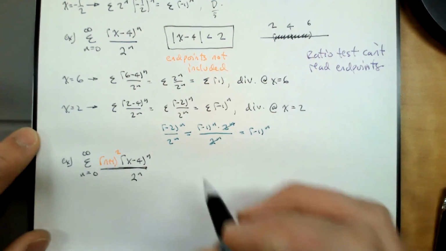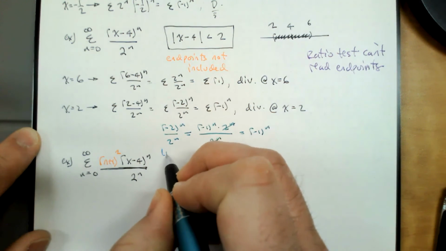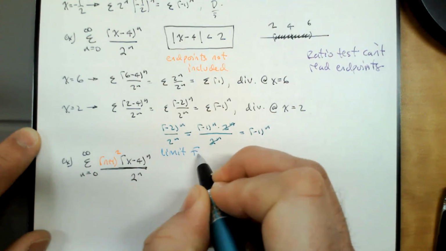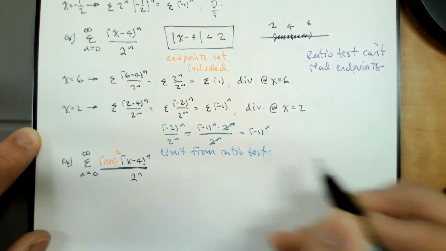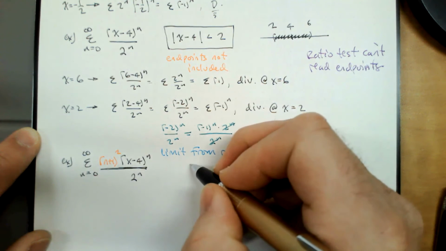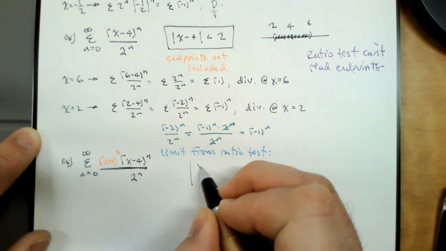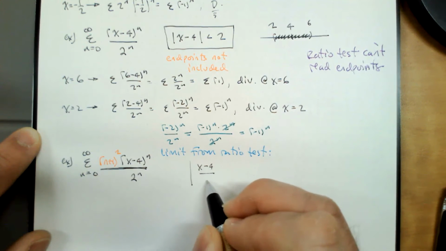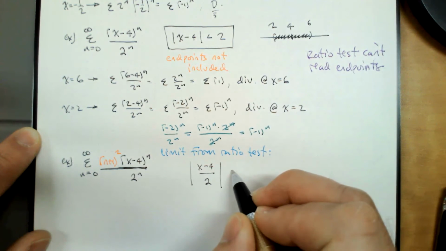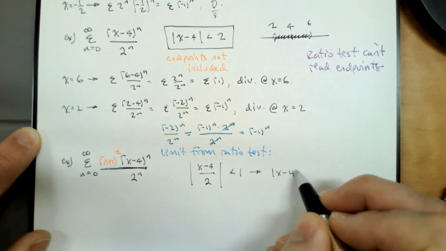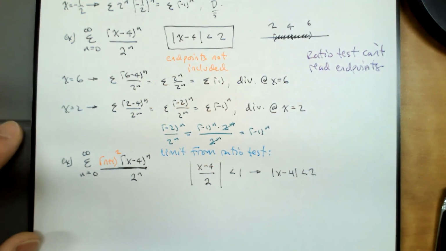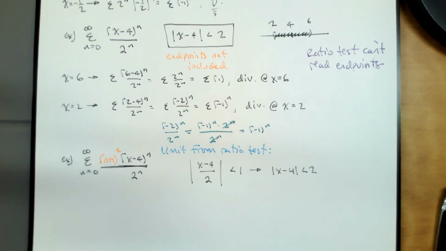So in the ratio test, the limit from the ratio test is just going to be the absolute value of x minus 4 over 2. The limit from the ratio test ignores the polynomial stuff.